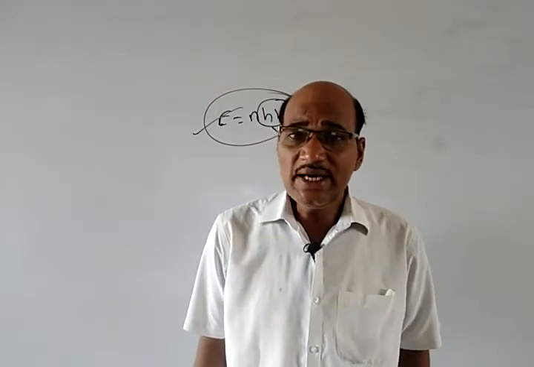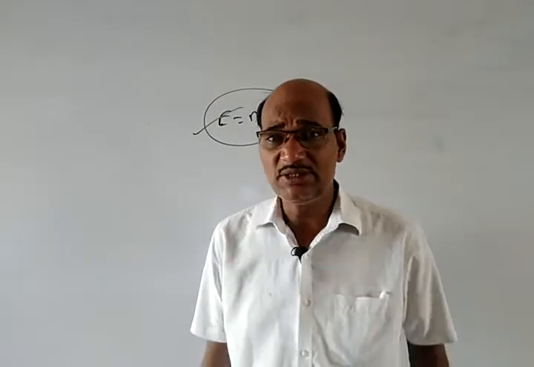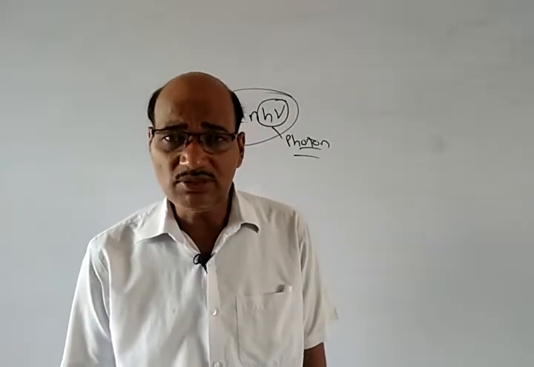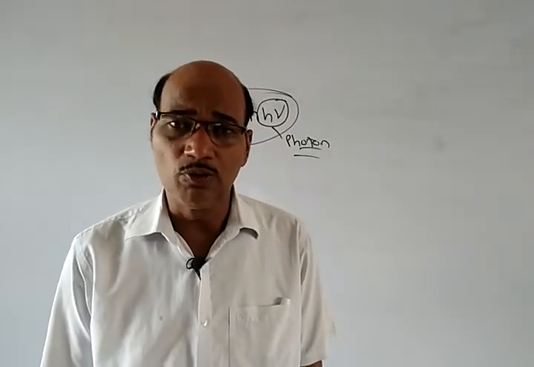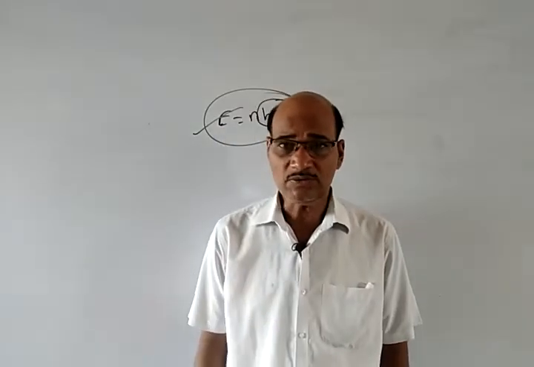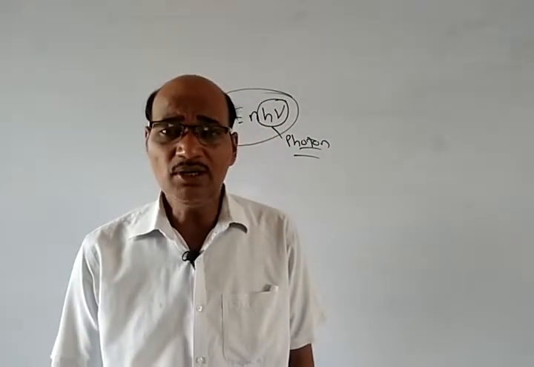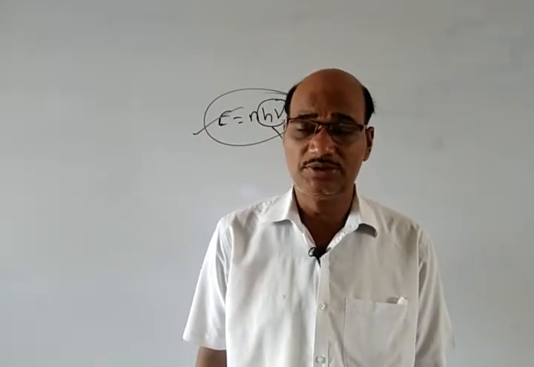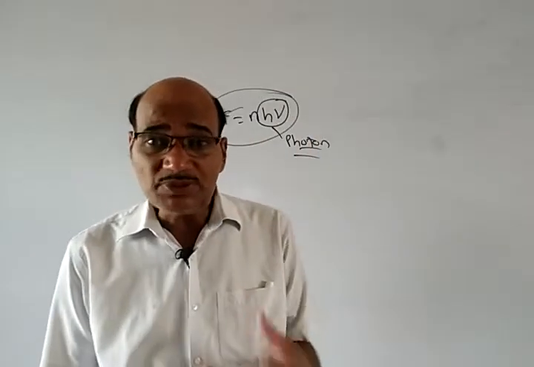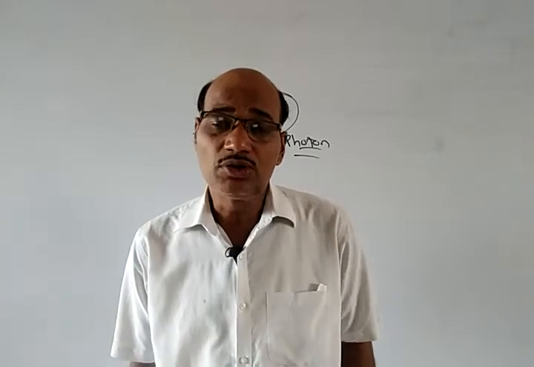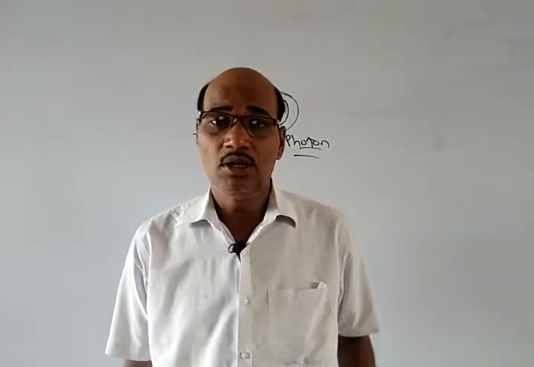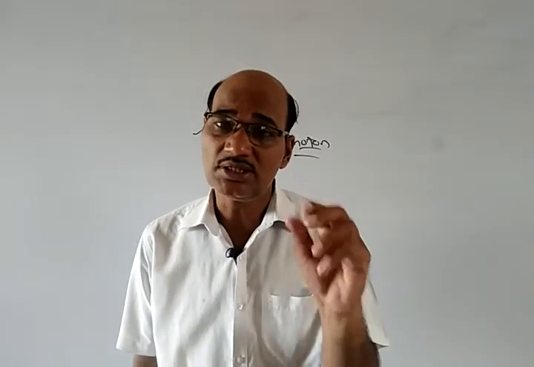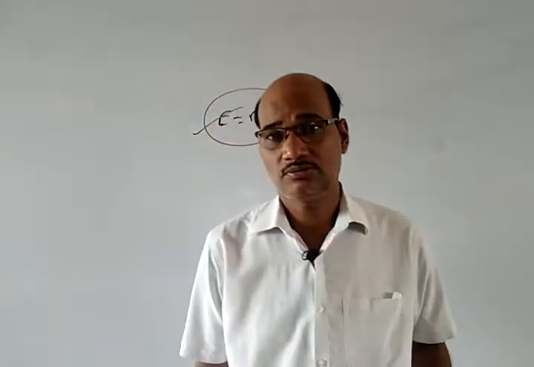The energy of each orbit is given by minus 1312 into Z square by n square kilojoule per mole, where Z is the atomic number and n is the number of the orbit. This formula can be used for the hydrogen atom or hydrogen-like species, that is, single electron systems.